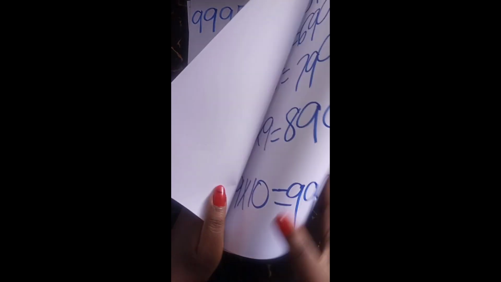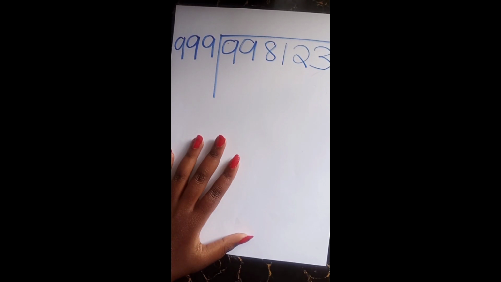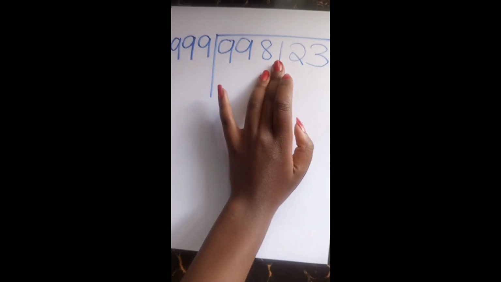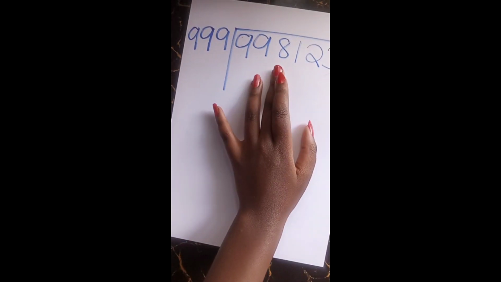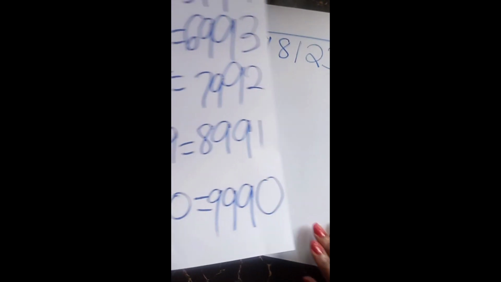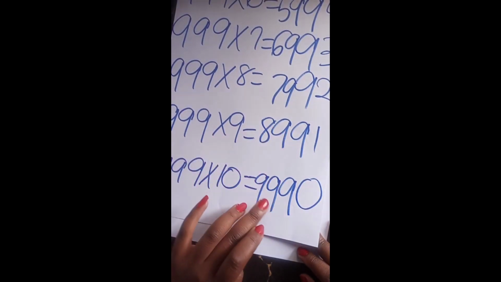So let's now start by dividing. Where is this number in our table 999? This number is in between this and this.